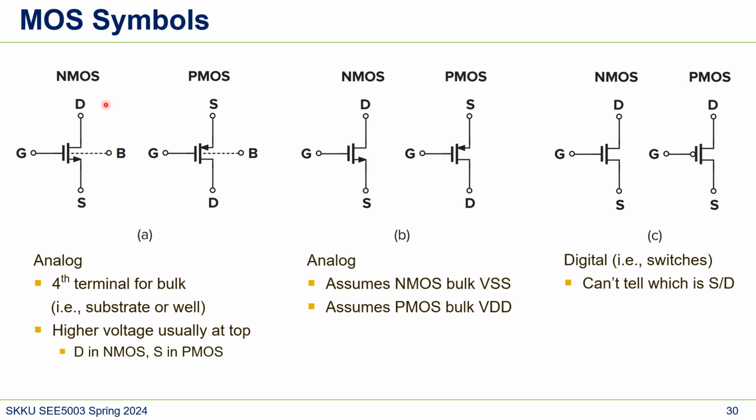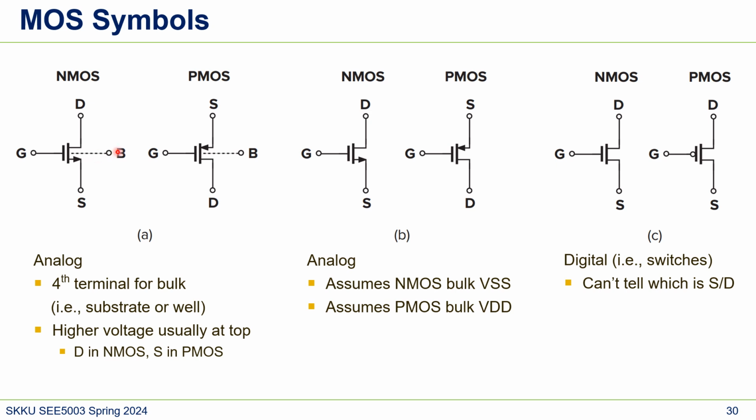But as I said before, when we define the direction of current, we take the positive carrier as the reference. So even though electrons flow from source to drain, the polarity of the electron is minus.